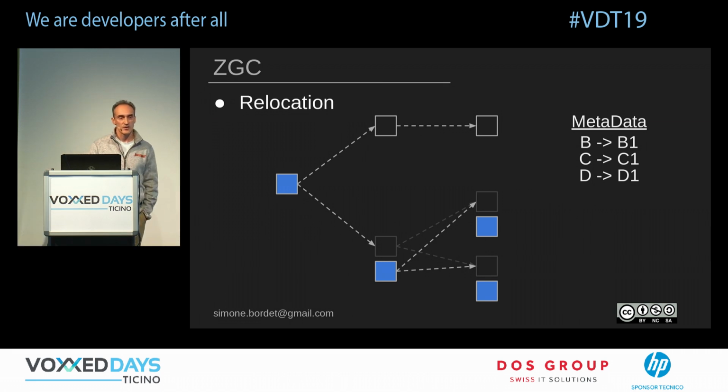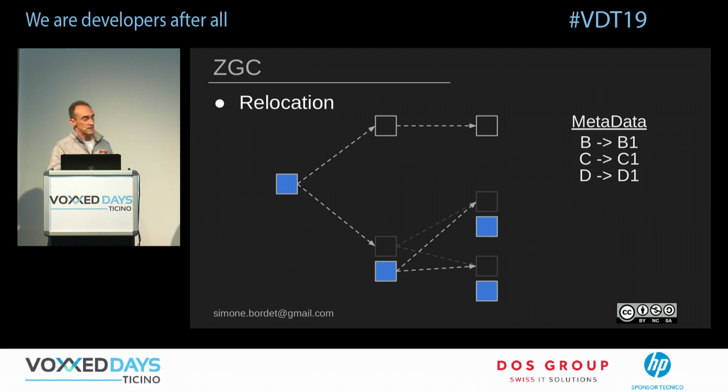Where does it store information about these copies? It puts aside a concurrent map, let's say for simplicity, where it stores the previous address, pointing to the new address. So, for example, if this object is B, it's going to be pointing to B1, okay? It's a concurrent map, C to C1, D to D1, right?